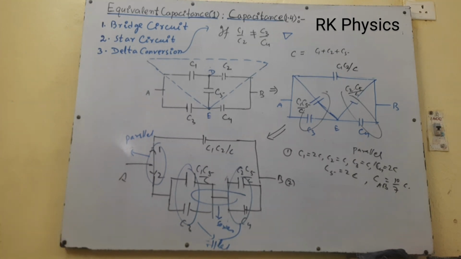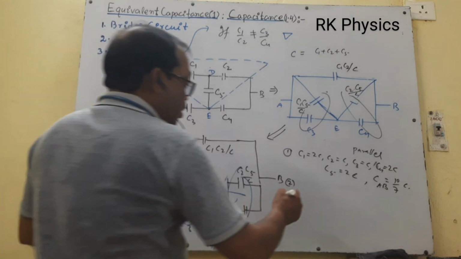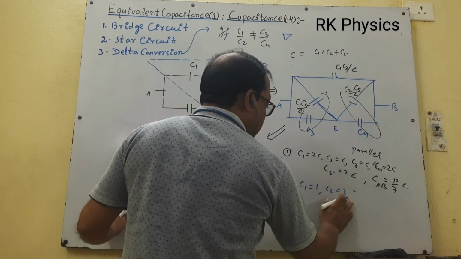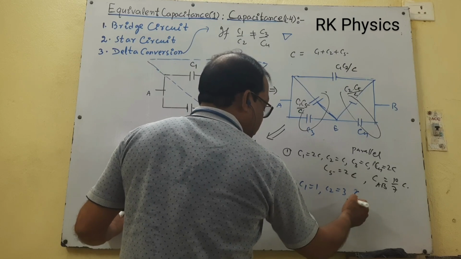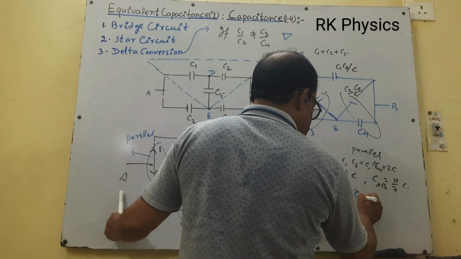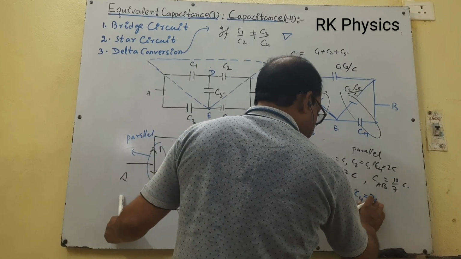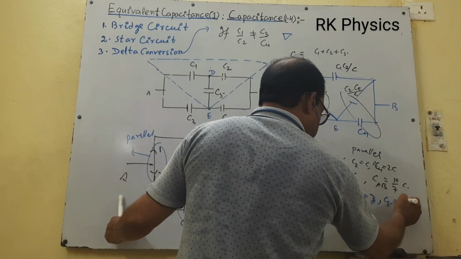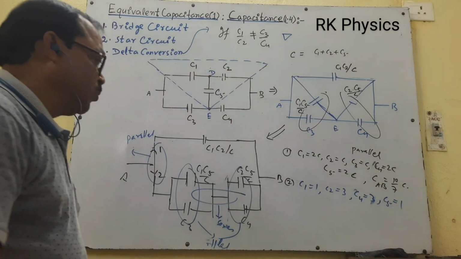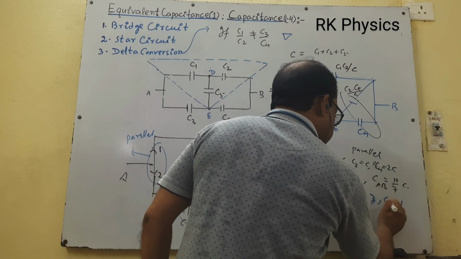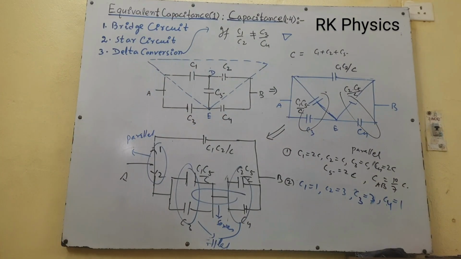The second one: C1 is 1, C2 is 3, all in microfarad, C3 is 3, and C4 is 1.